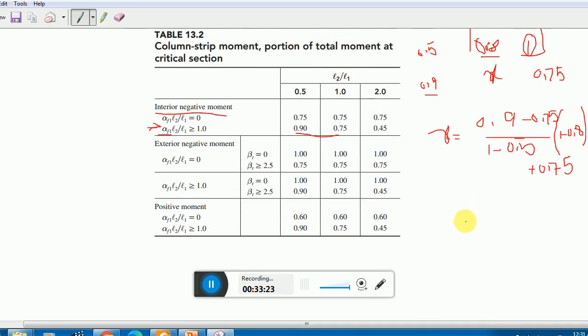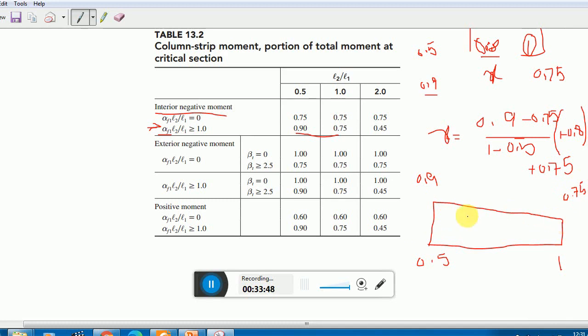If you understand this conceptually, let me show you the concept behind this formula. Let's say this is the line. I have 0.5, the value is 0.9, and I have 1, with a value of 0.75.